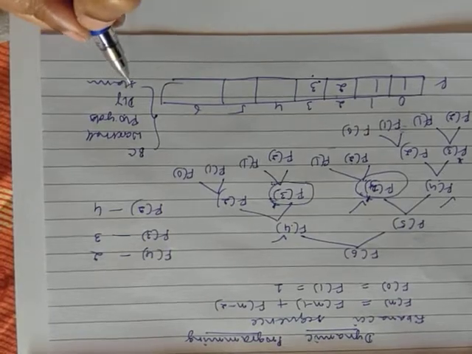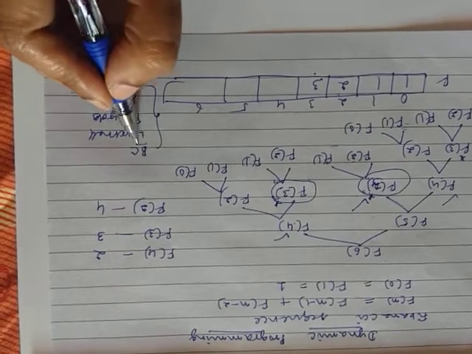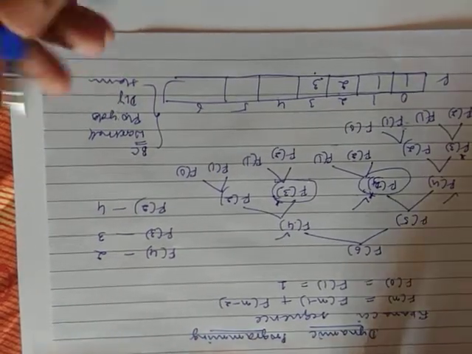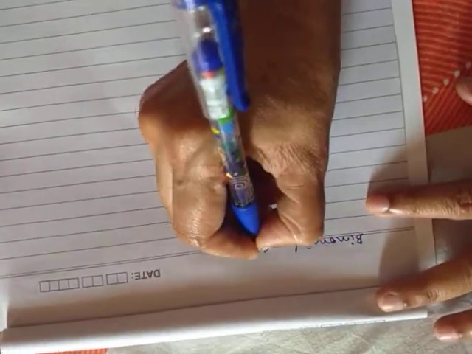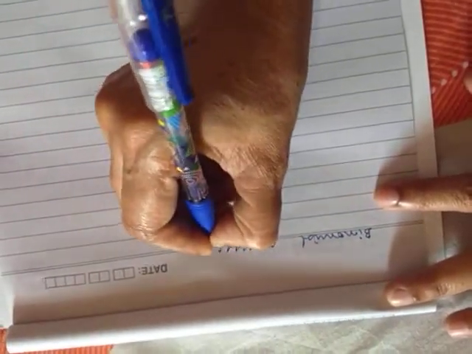Okay. Now I'll continue with the binomial coefficient, which is very, very simple. So the binomial coefficient is the very first problem that we will understand under the dynamic programming design strategy.